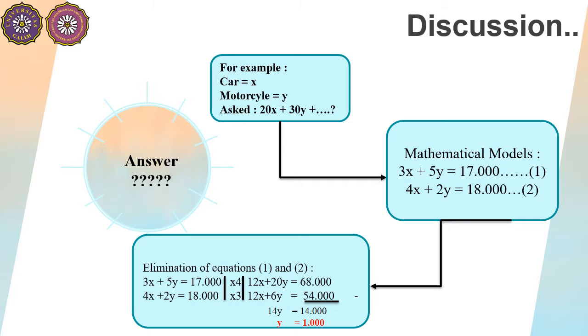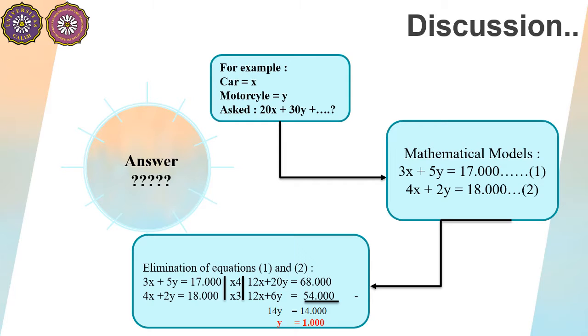Second, we write the mathematical model. 3x plus 5y equals 17,000 and 4x plus 2y equals 18,000. After that, eliminate equations 1 and 2 to find the values of x and y.